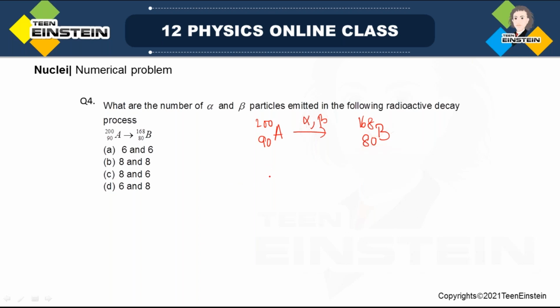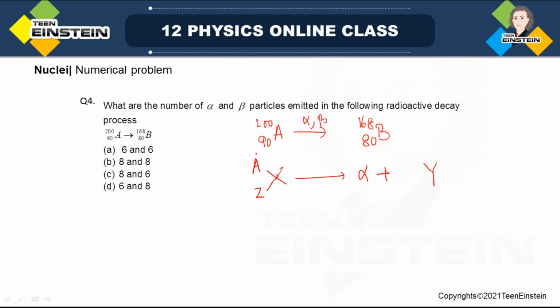When there is alpha decay, suppose I have a nucleus X with mass number A and atomic number Z. When there is alpha decay, it becomes some other nucleus.